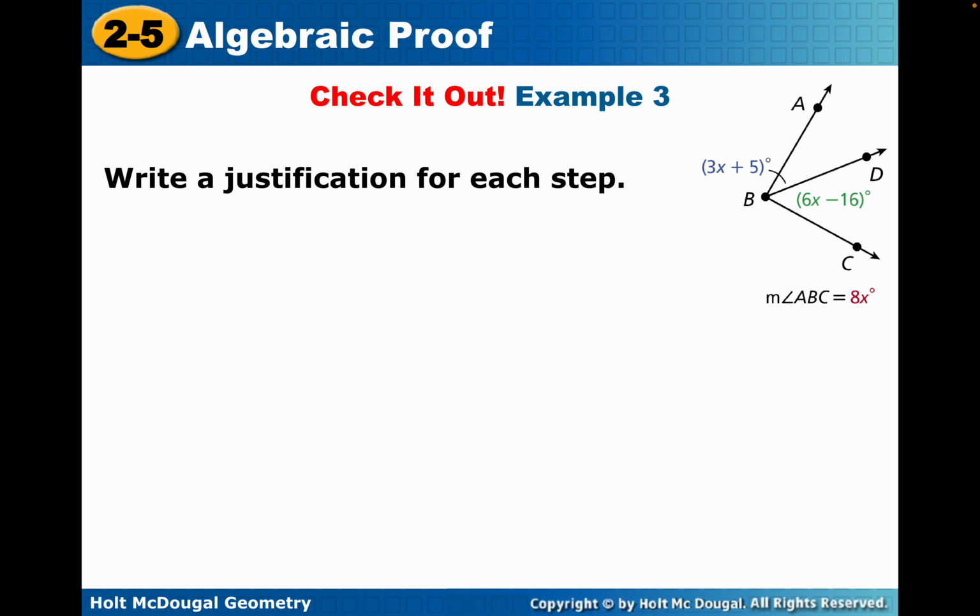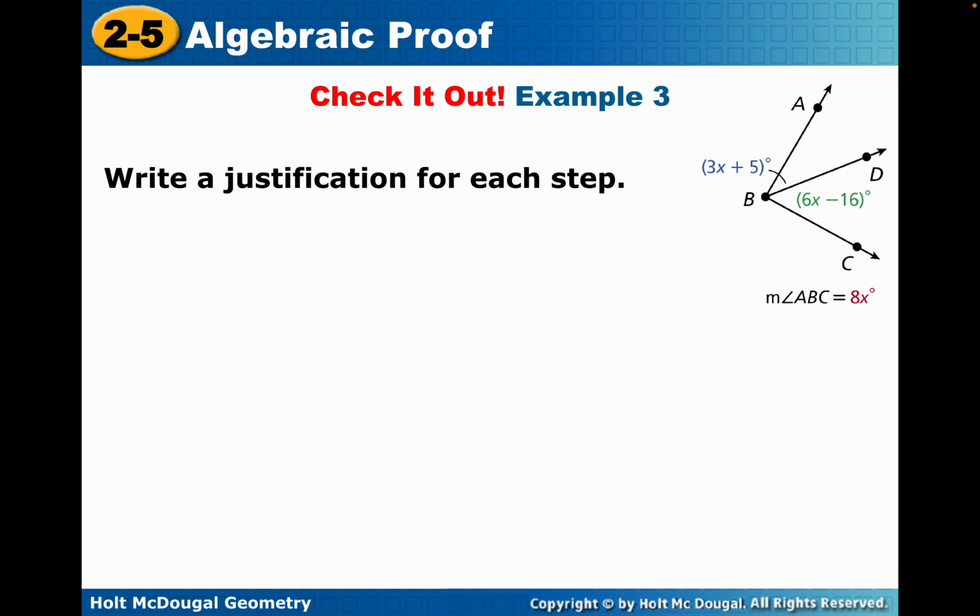Angle ABD plus angle DBC equals angle ABC. So he was saying this angle right here plus this angle equals the whole angle. And that whole angle is 8x. Now, what do you think my reason is for this? Look at the reason we had for our last one.